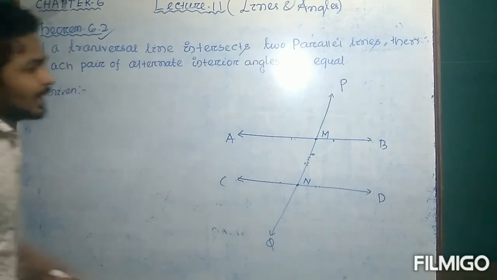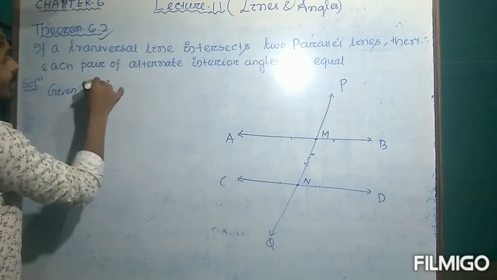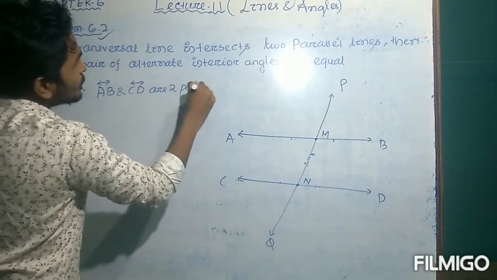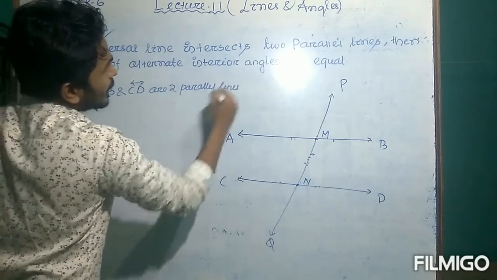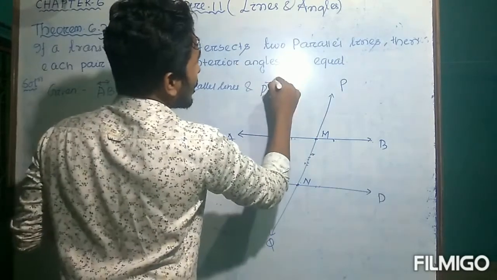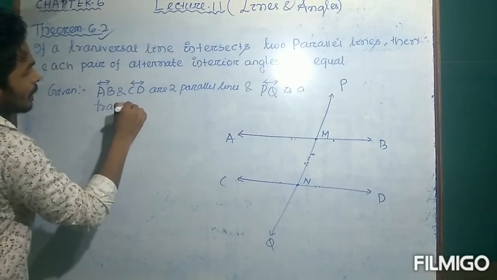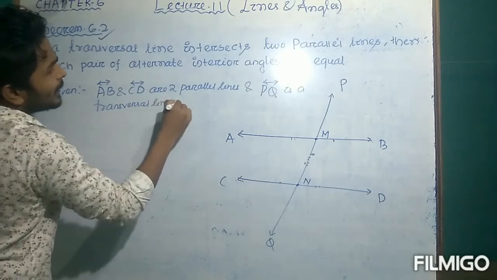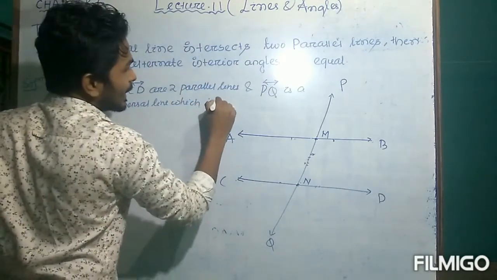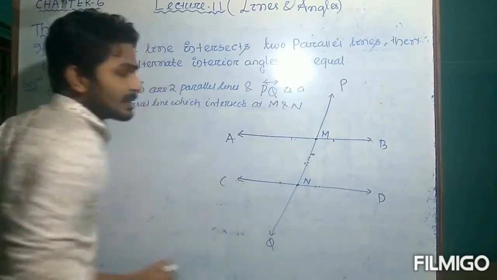It is given that AB and CD are two parallel lines and PQ is a transversal line which intersects the two lines at M and N. This is given.